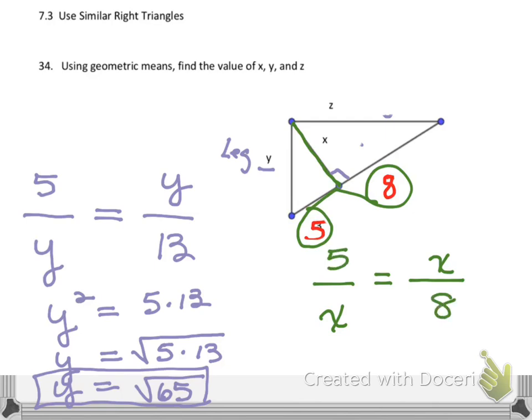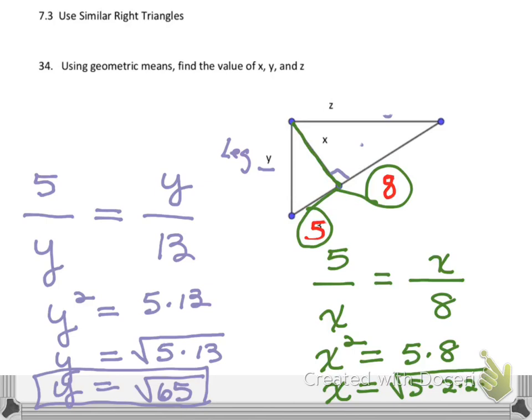Now do your multiplication. x squared equals 5 times 8. Take the square root of both sides. x equals radical 5 times 8. Now, can't I write 8 as 2 times 2 times 2?